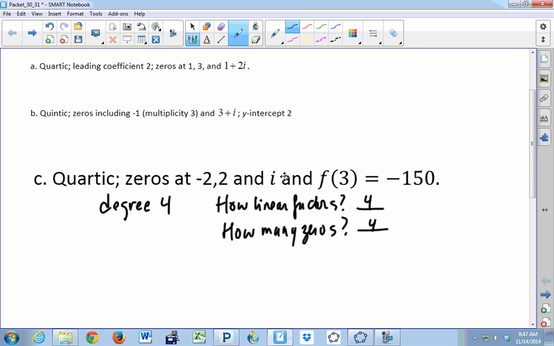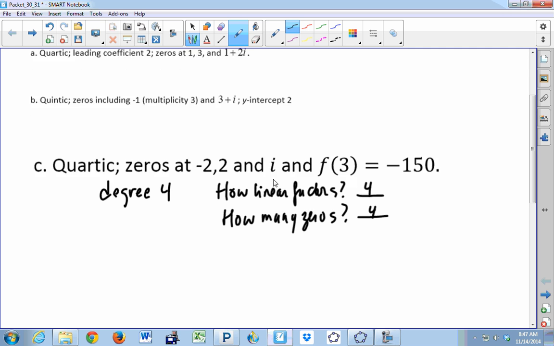Even though I only wrote down 3 of them, -2, 2, and i, you know that non-real roots or zeros, roots is just another name for zero, and irrational zeros always come in pairs. So even though we don't write it, the zeros are -2, 2, i, and -i.